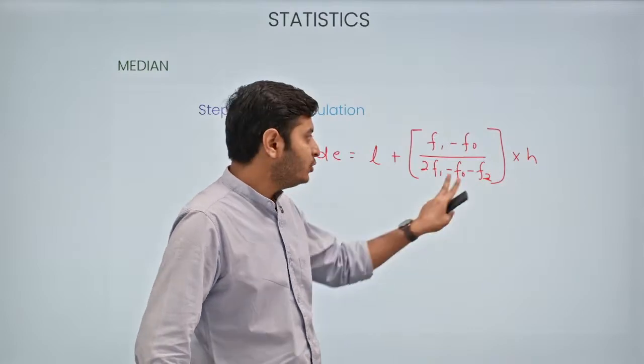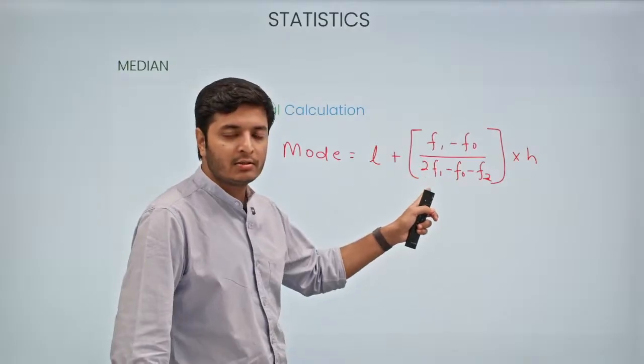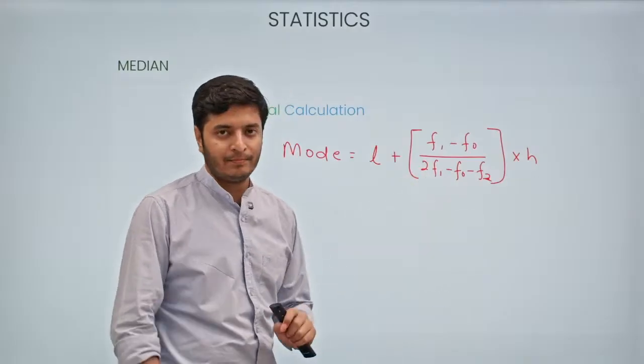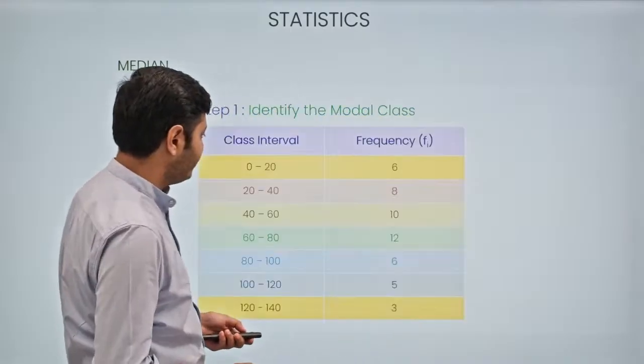When we are subtracting two values, then we are multiplying F1 with 2. So that's why in the denominator it is 2F1 minus F0 minus F2. We know every value, correct? So let's put them here.